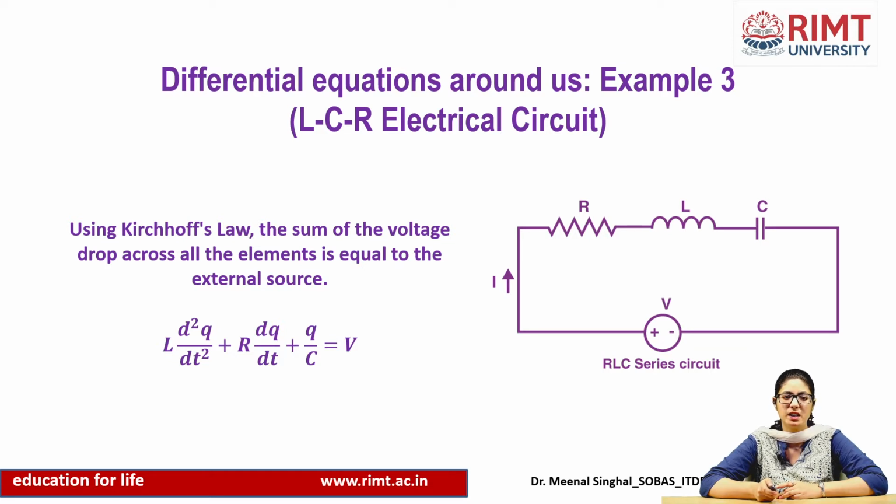These three represent the voltages across these three components, and when we add all of these, we have it equal to the external voltage applied. We have already studied all these examples, but here we should note that the equation represented here is a differential equation. So, whenever you have an electrical circuit, you also have a differential equation.